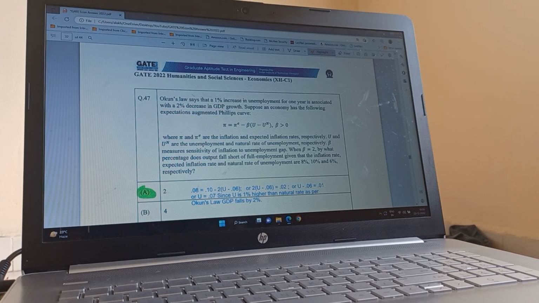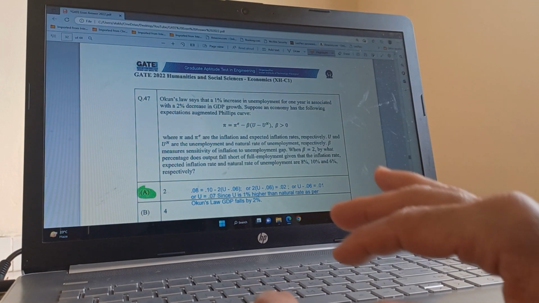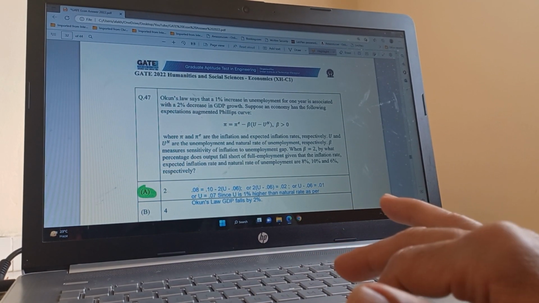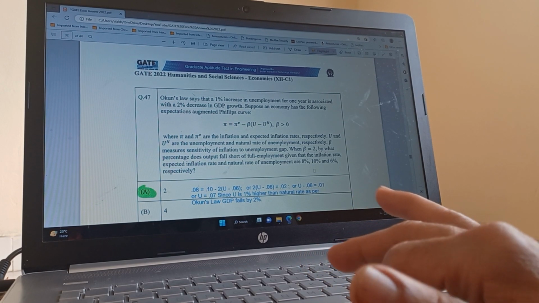by what percentage does output fall short of full employment, given that the inflation rate, expected inflation rate, and natural rate of unemployment are 8%, 10%, and 6% respectively? So we just fill these values in the equation.